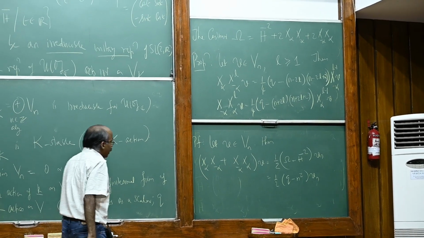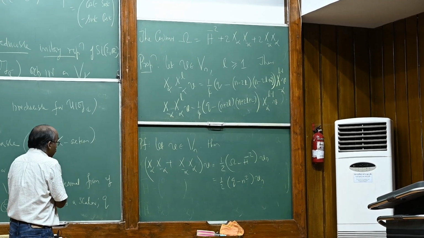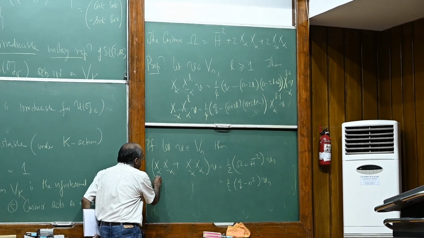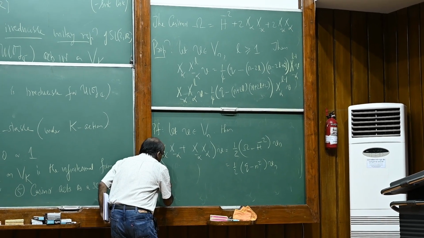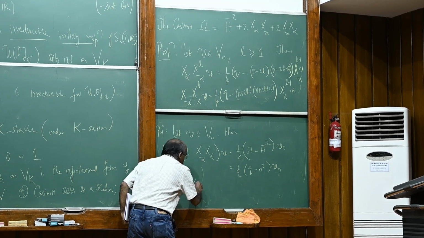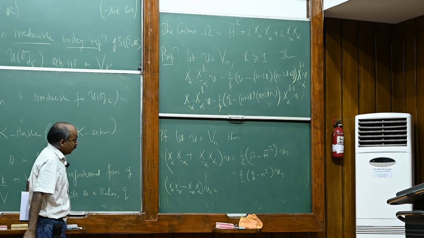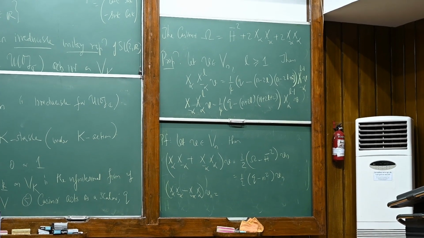So I have not done anything non-trivial. But I want to compute this guy, right? So, x alpha, x minus alpha, minus x minus alpha, x alpha, acting on Vn. I can compute that because that is a bracket, right?